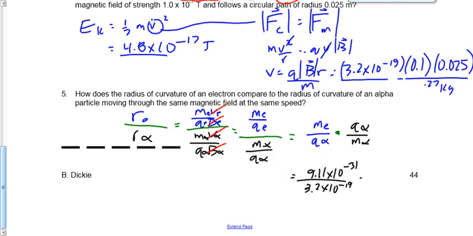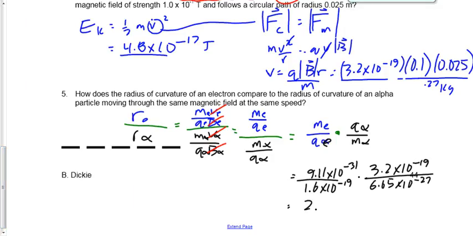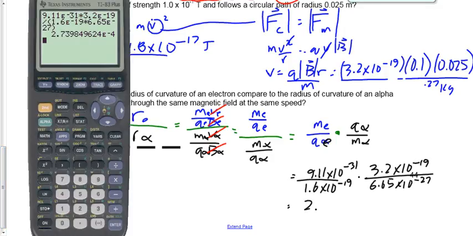This should be the electron, right? So we do the math there and get 2.7 times 10 to the minus 4.